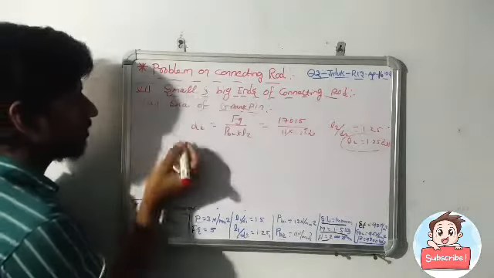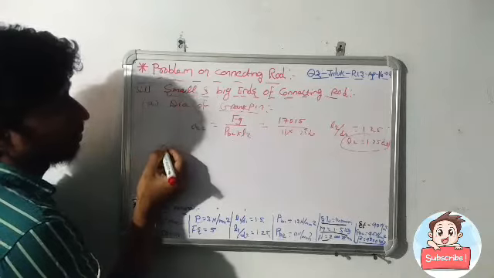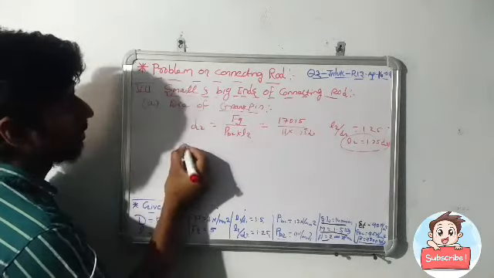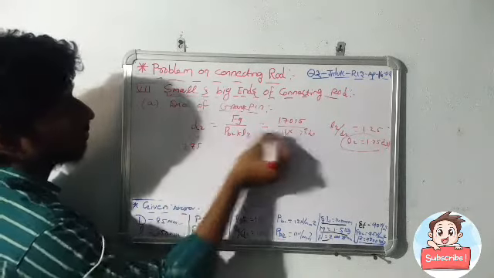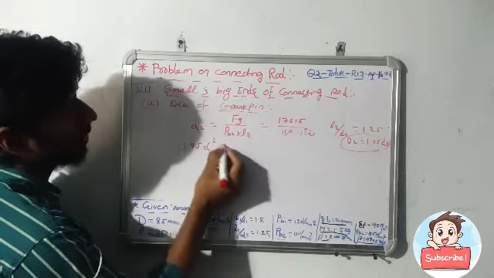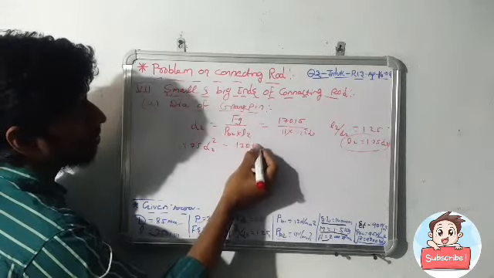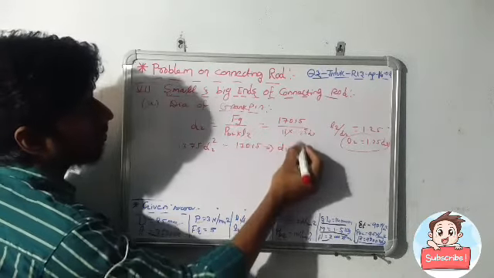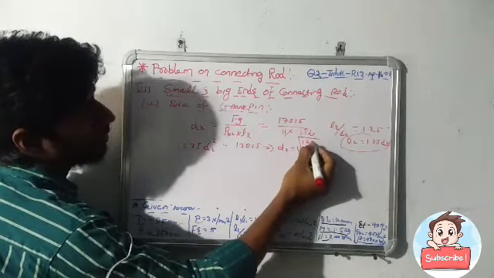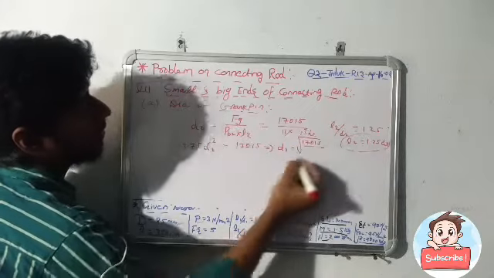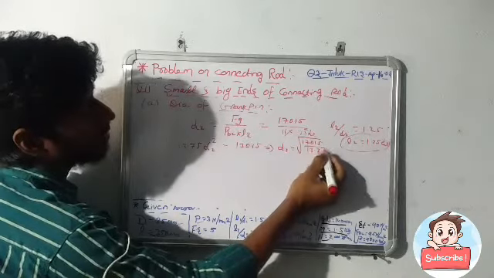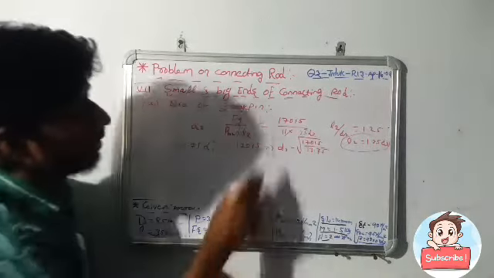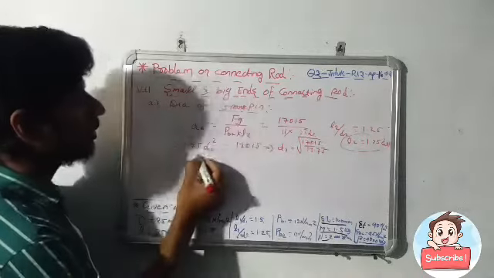So by simplifying this, what we get? The D2 value: 13.75 D2 square equal to 17015. From this, D2 equal to root of 17015 whole divided by 13.75. Ultimately, what is the D2 value here?